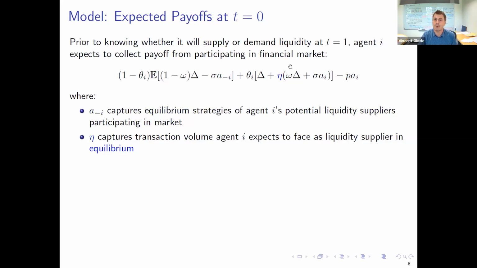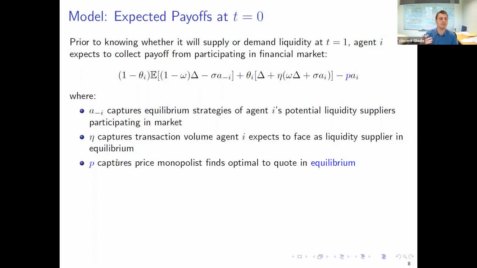The payoff from supplying liquidity will also depend on the transaction volume that I expect to face if I have liquidity to supply. And that depends on the choices of agents in equilibrium. Finally, P is the price that the monopolist will find optimal to quote in equilibrium.